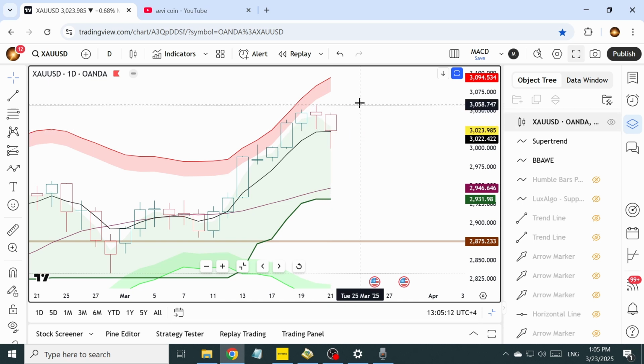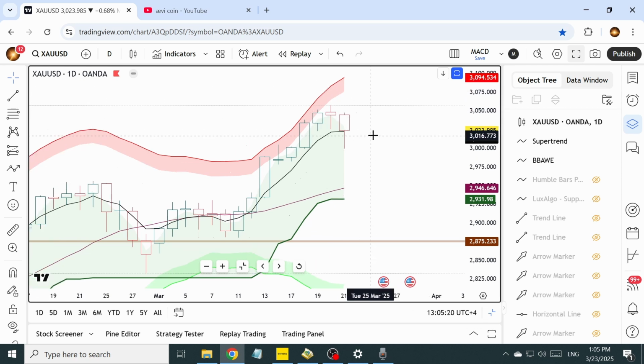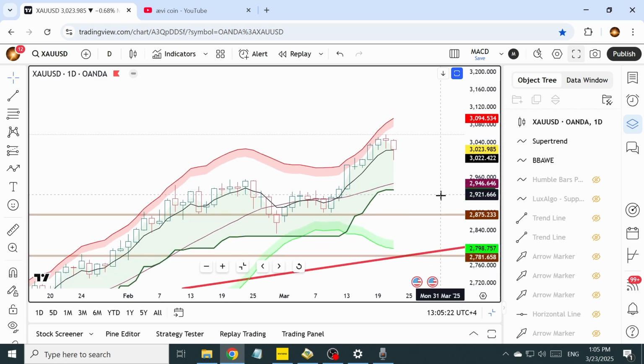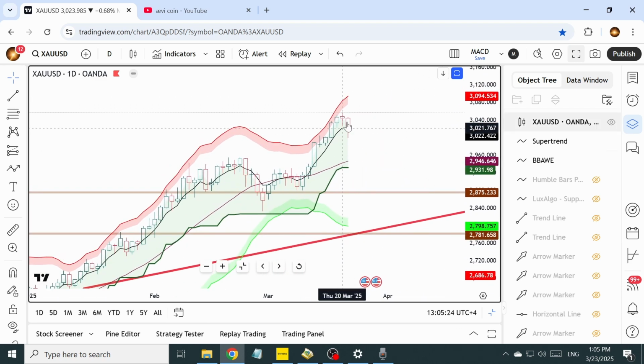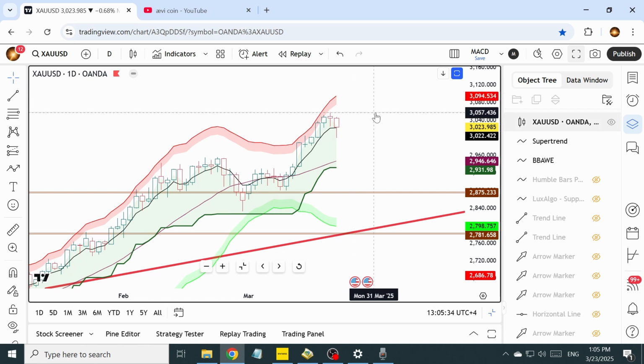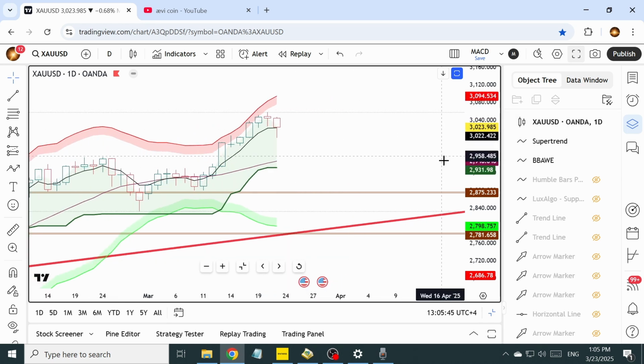So we could see a movement to the upper side, since we have space for the price to go to the upper side, and the Bollinger Band expanded. So we might see this movement to the upper side, and then most of the buy positions will be closed, and we will see the momentum start changing, and we start seeing a stronger momentum to the downside.